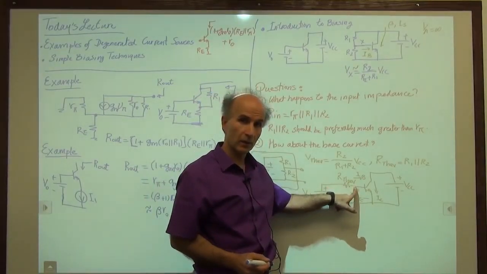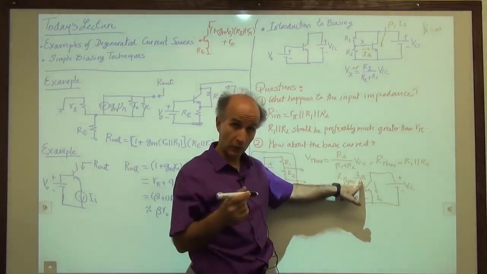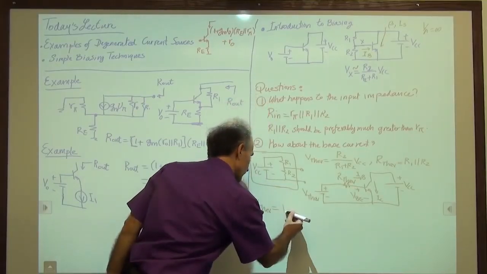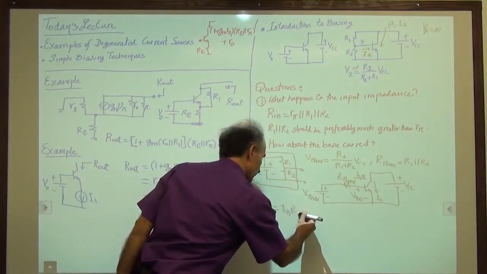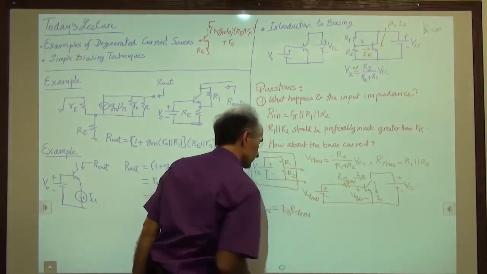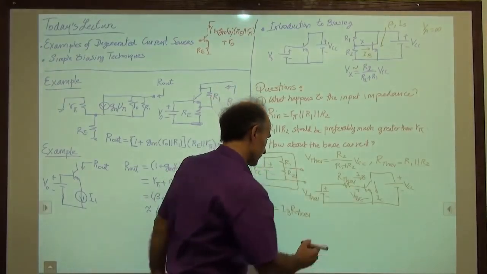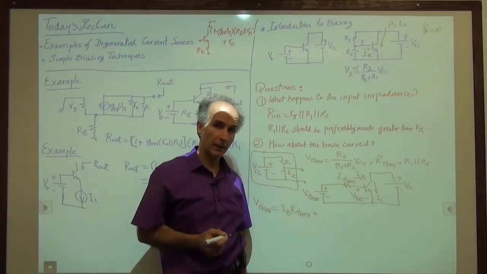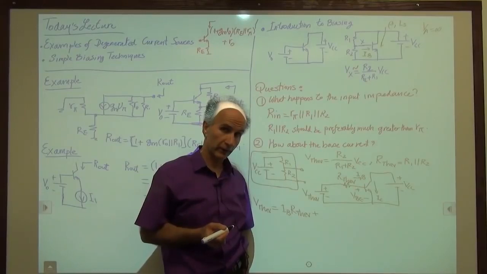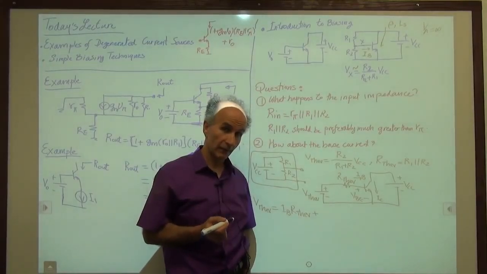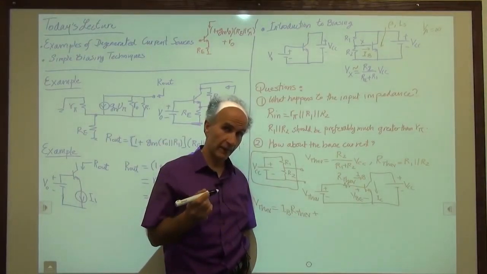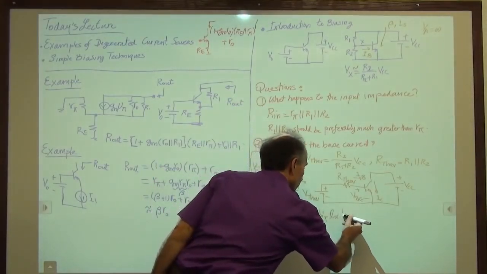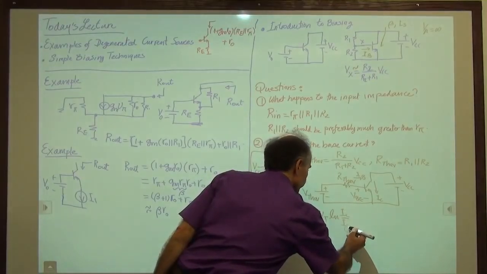How much is that voltage? Well, we have a base current which we don't know yet, times that resistance. That is the voltage drop. So IB times R Thevenin, and then plus this voltage, plus VBE. Do we know an equation for VBE in terms of the collector current? Yes, that's VT log of IC over IS.